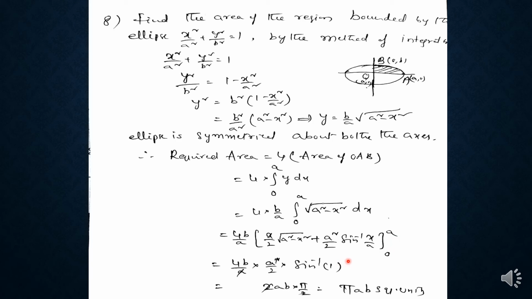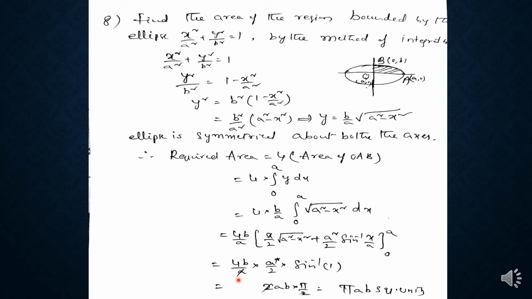Now by substituting the upper limit x is equal to a, it becomes 4b by a into a by 2 into root of a square minus a square, that becomes 0, plus a square by 2 into sine inverse a by a, that is sine inverse 1.